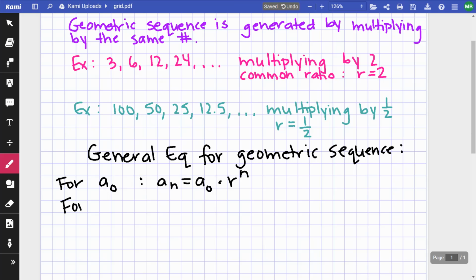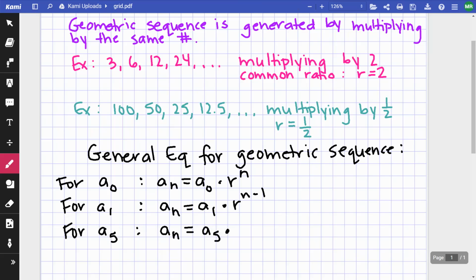Now let's say I start with a sub 1, which is my first term. That's usually how we're going to start. So if you're starting with your first term, a sub n is equal to a sub 1 times r to the power n minus 1. For example, if I knew my 5th term, I could start with a sub 5, and a sub n is equal to a sub 5 times r to the n minus 5.